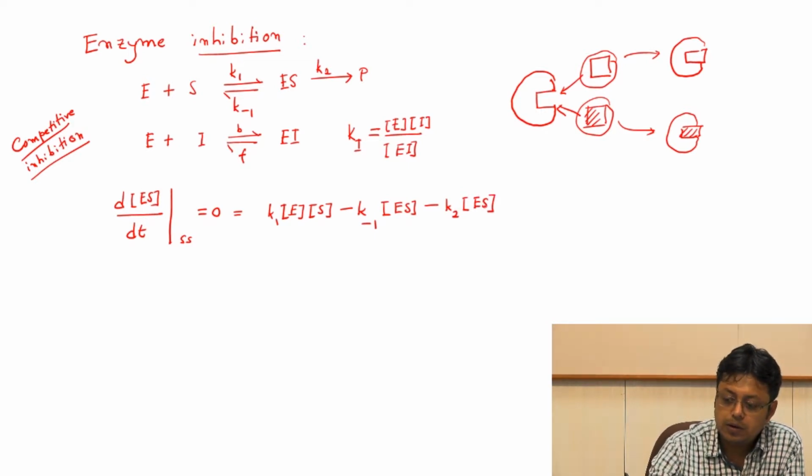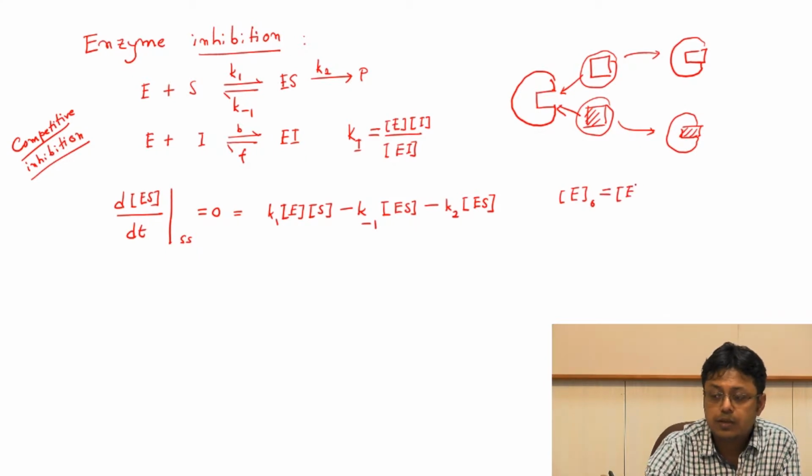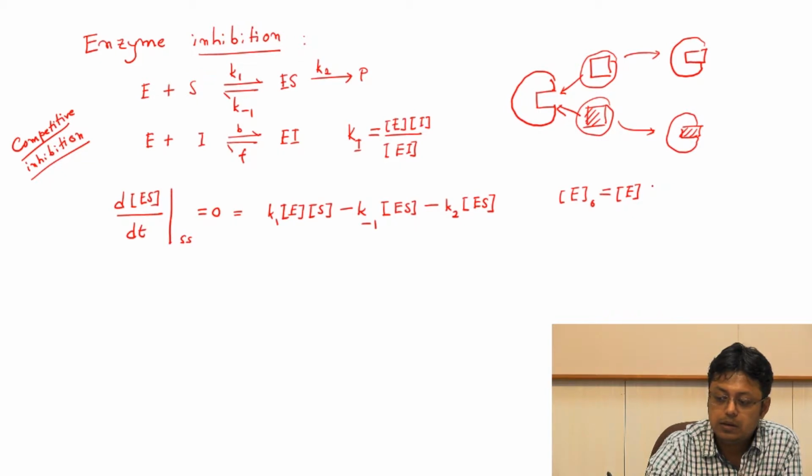Then, as before, we proceed and write the material balance. At any point the initial concentration of the enzyme will be the amount of free enzyme present at that time, plus some amount forming the enzyme substrate complex, and some amount also forming the enzyme inhibitor complex.